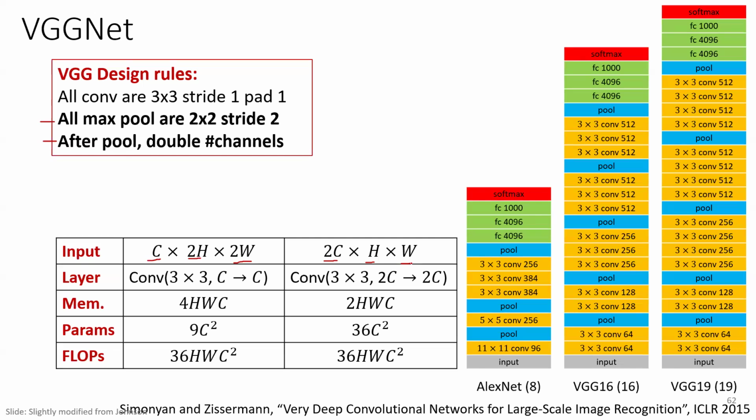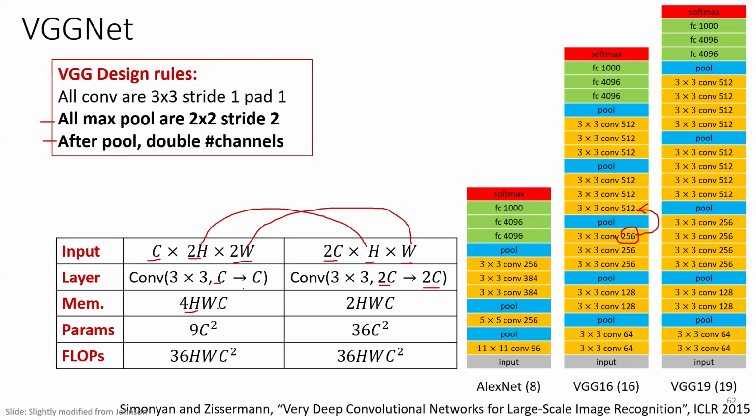You double the number of channels because the max pooling makes the size half. I hope you can understand that. Double the number of channels is what they have done here, 256 to 512. So what happens there? Conv 3 by 3 C to C, conv 3 by 3 2C to 2C.